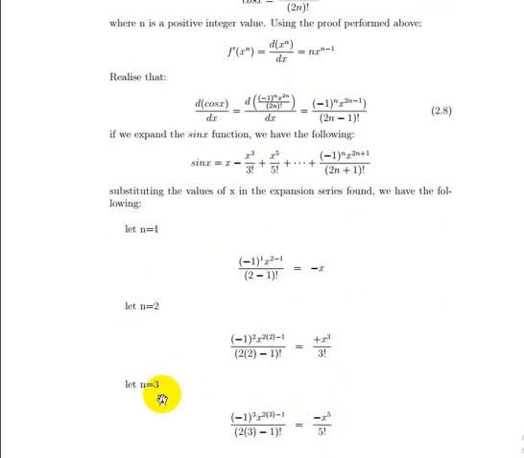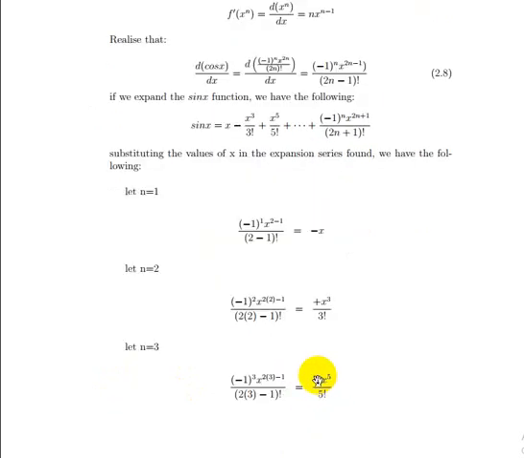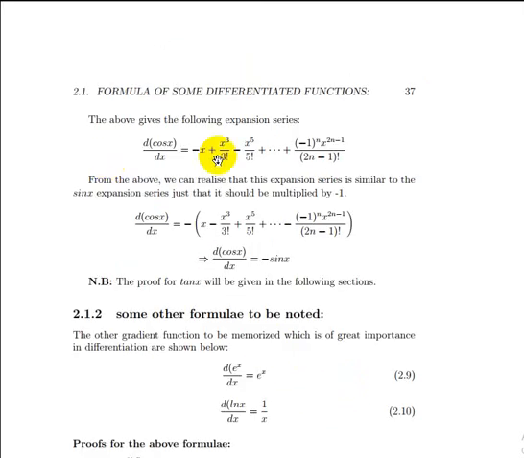The next term, when n equals 3, is negative x raised to the power 5 all over 5 factorial. So the expansion series that you are going to have with the differentiation of cos x is going to be equal to negative x plus x cubed all over 3 factorial minus x raised to the power 5 all over 5 factorial plus all that, and the expansion series given to you.